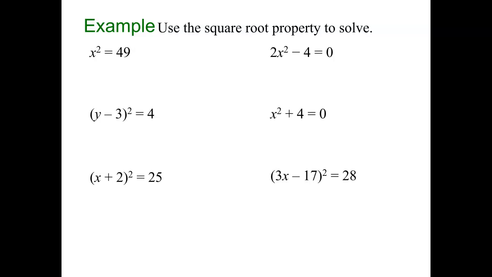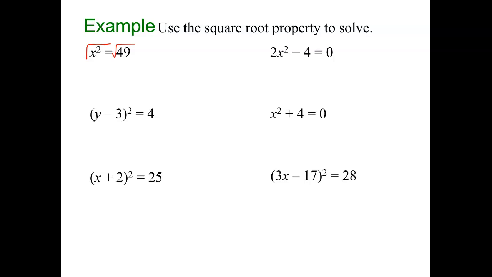When we're using the square root property, the most important thing to remember is that whatever is being squared has to be isolated first. So if there's anything else around it, outside of any groupings, we need to make sure that we isolate it first. Well, x squared is the only thing I have, so I can go ahead and square root both sides.